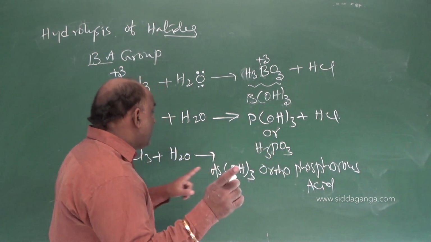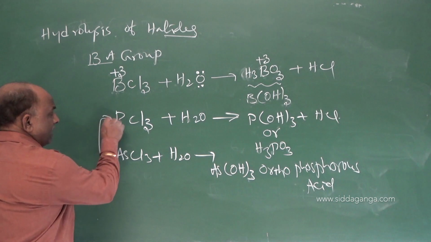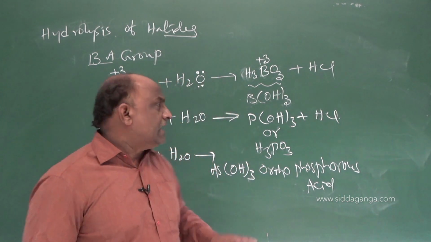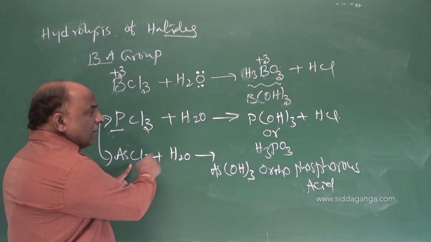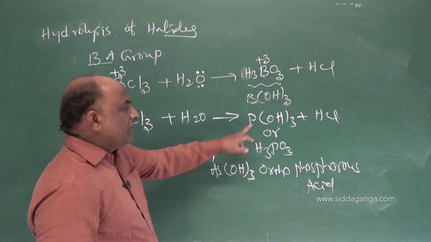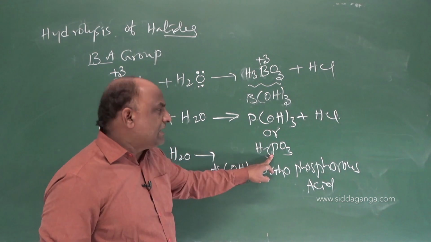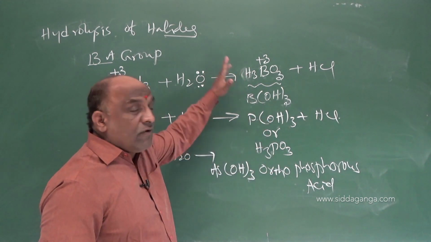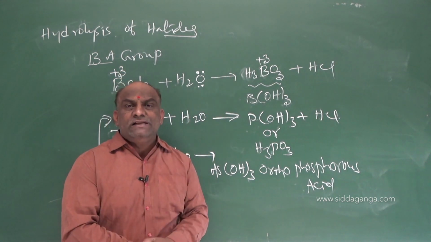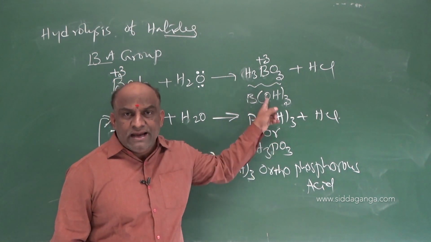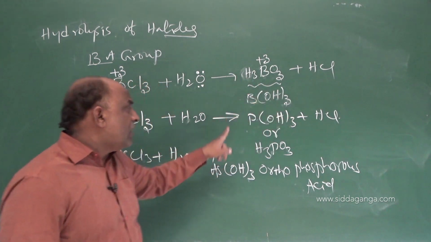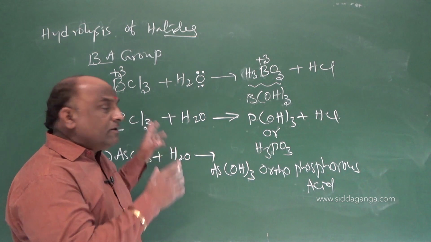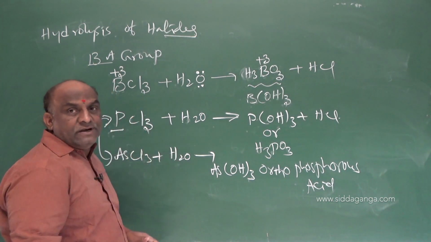Remember, in the 15th group elements, phosphorus and arsenic on hydrolysis give rise to ous acids. Ous acids means phosphorous acid, orthophosphorous acid. This is the general reaction that takes place on hydrolysis of halides, the same reaction followed for phosphorus and arsenic, which are present in the 15th group.